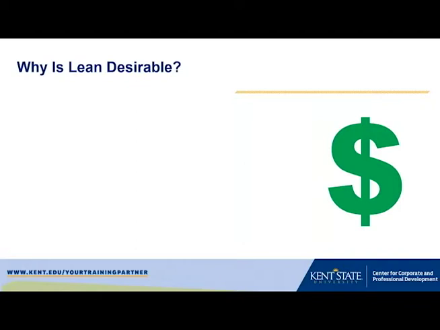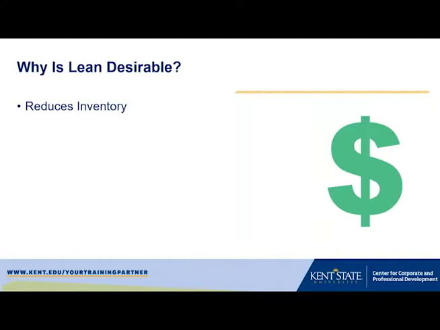Companies here in the United States particularly have really tried to assimilate these concepts of lean, because the companies that have done that well have been more competitive, have been more successful. And they're successful on this business front, the dollar front, because lean does things like reduces your inventory.